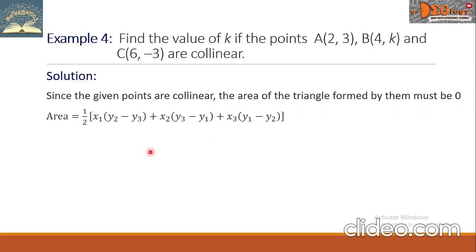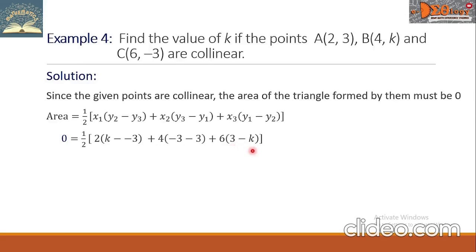When we substitute the values, the left side or the area is now 0. Then we substitute the corresponding values based on the points. So we have 1/2 times the quantity 2 times k minus negative 3, plus 4 times the quantity negative 3 minus 3, plus 6 times the quantity 3 minus k.